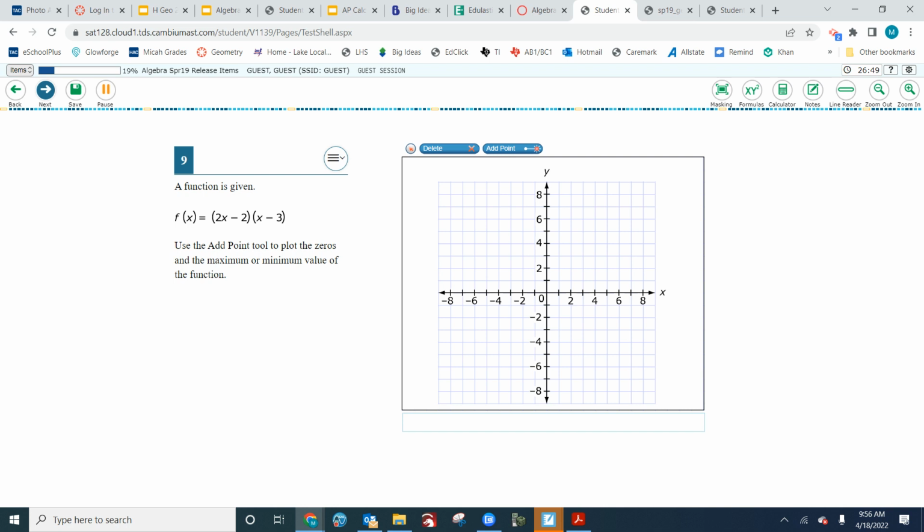You should get it on Desmos where it hits the zeros. Where it hits the what, guys? The x-axis. Plot the maximum minimum. What's another word for maximum minimum of a parabola? The vertex. Good.